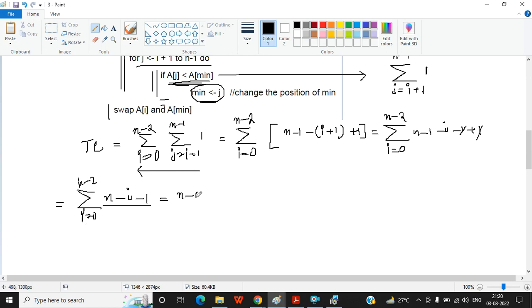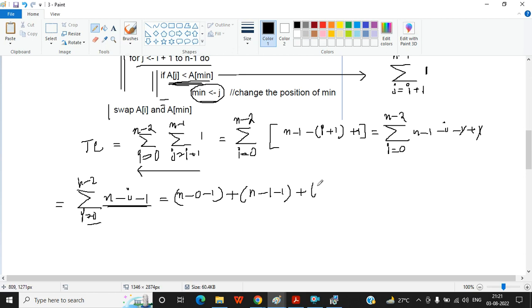Your first term is n minus 0 minus 1, since you put i equal to 0 because you go from i equal to 0 to n minus 2. Then what will be the next term? For i equal to 1, it is n minus 1 minus 1.